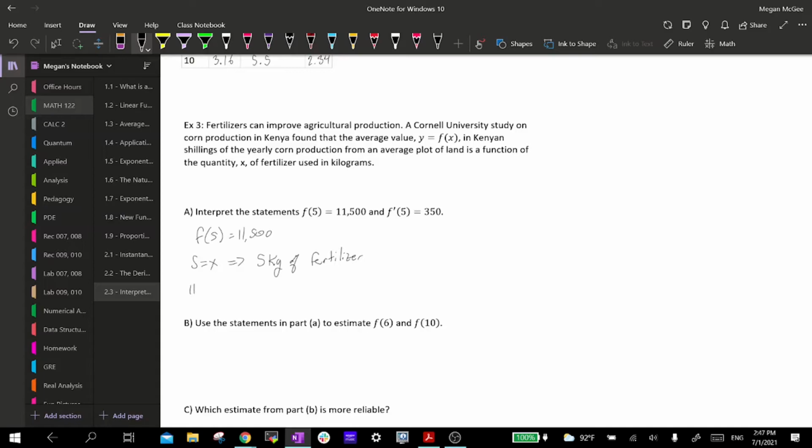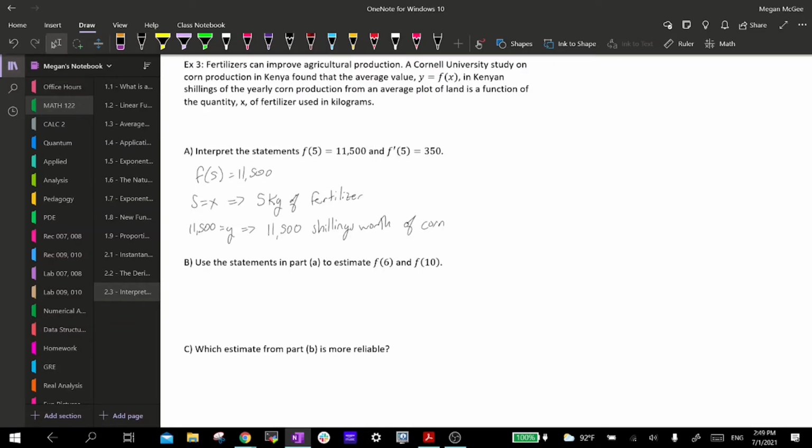So our 11,500 is our y value, 11,500 shillings worth of corn. Our full interpretation is that 5 kilograms of fertilizer means that 11,500 shillings worth of corn can be produced.